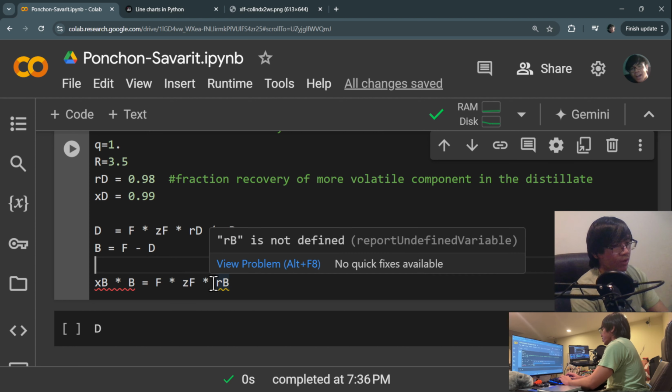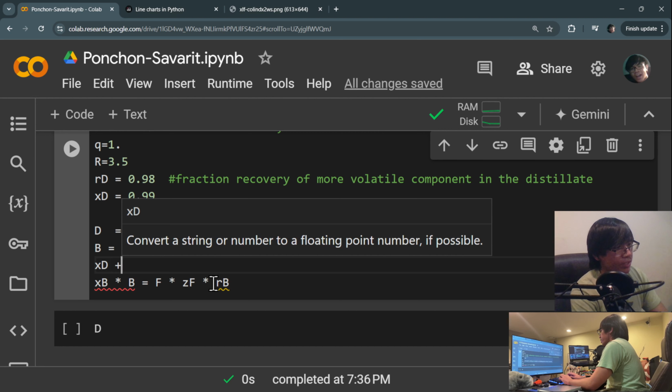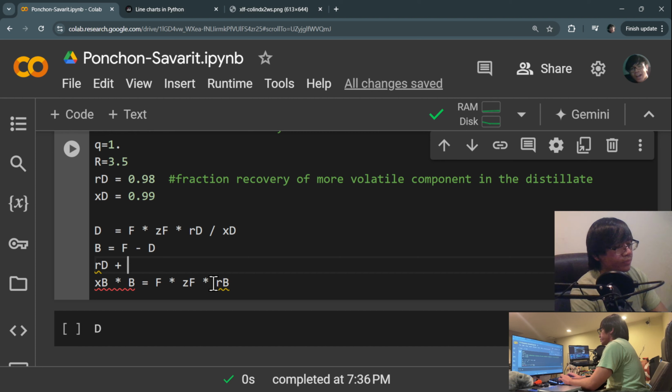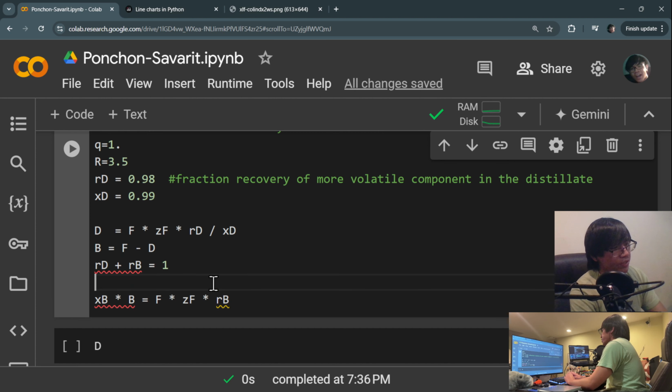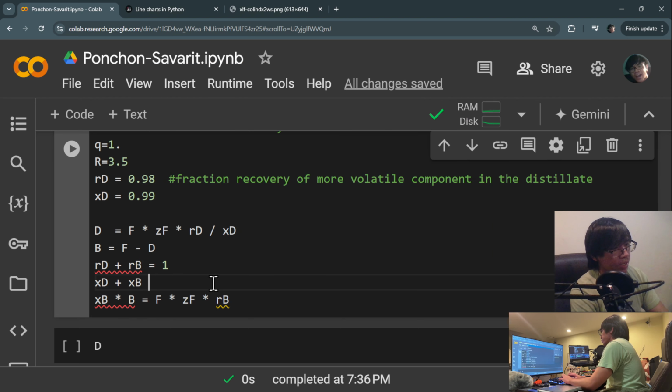So for our recovery of the bottoms, obviously this has to add up to 1 since it's coming out of the feed. So the recovery of our distillate plus the recovery of our bottoms equals 1. You'll actually notice that if I defined it the other way around, with the composition of the distillate plus the composition of the bottoms equals 1, they yield the same expressions if I were to do it in terms of our mole fractions.